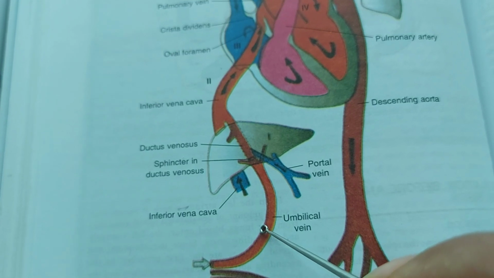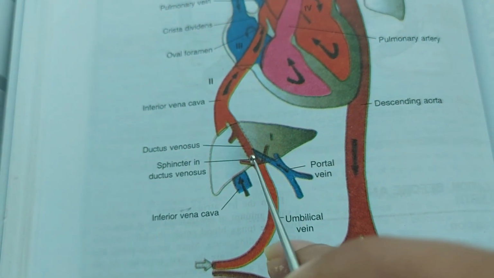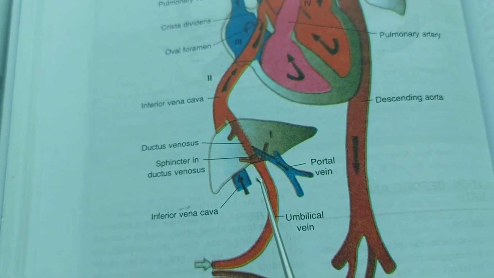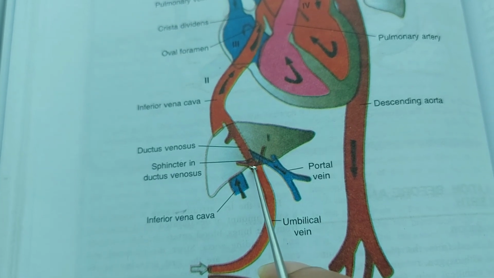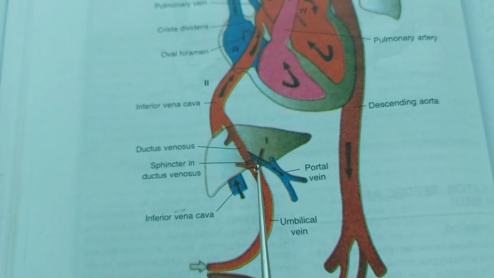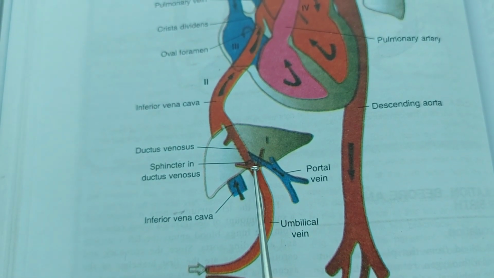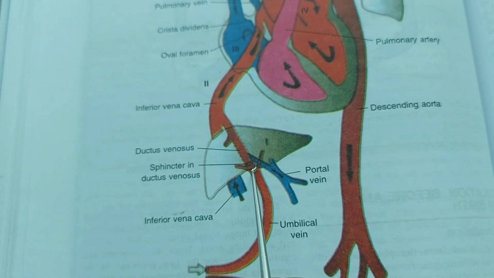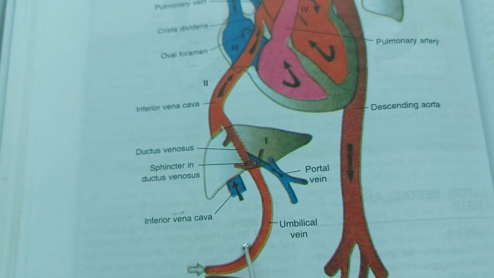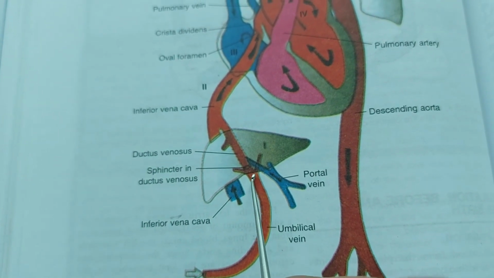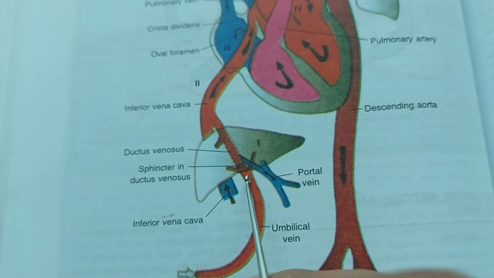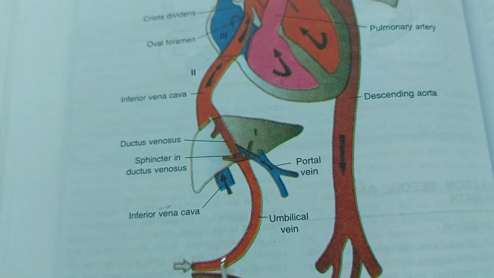The umbilical vein carries the oxygenated blood, and this umbilical vein comes in front of the liver. Here we have seen where the ligamentum teres hepatis is. So this umbilical vein, the remnant of the umbilical vein, acts as the ligamentum teres hepatis.